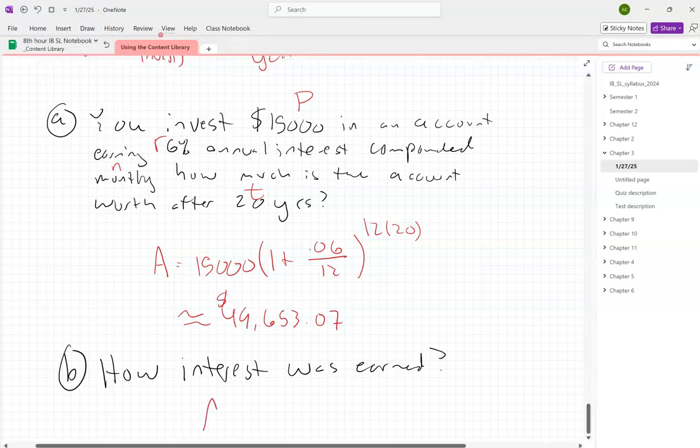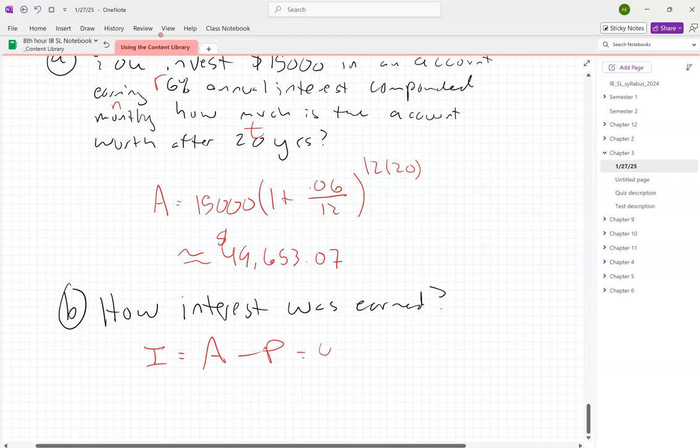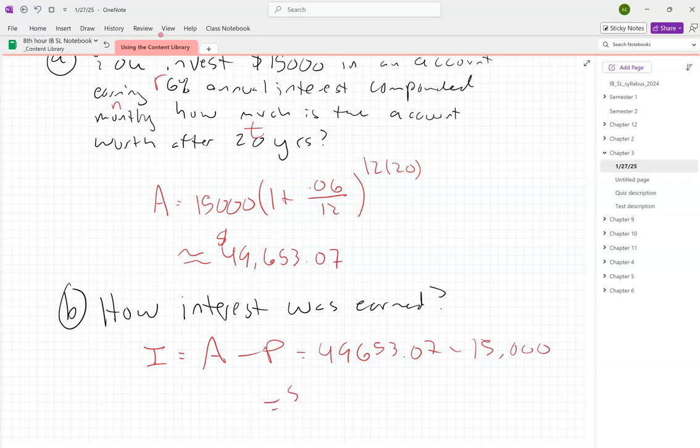So everything else must be from the interest. So that's just going to be $34,653.07. Super simple, right? Just got to know how to read the problem.